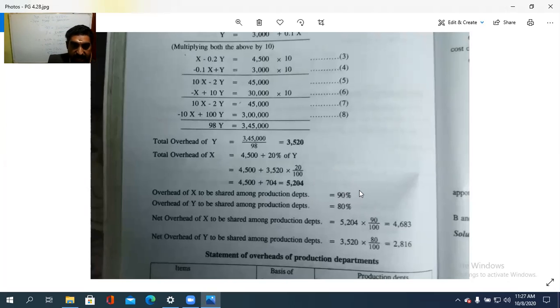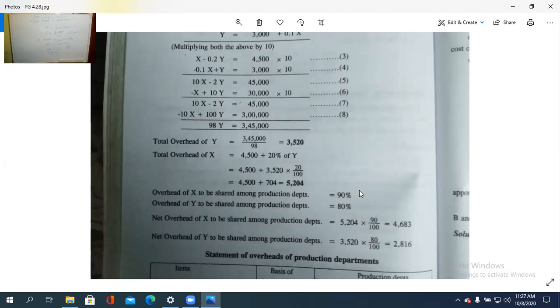Therefore find the net overhead using the 80% and 90%.